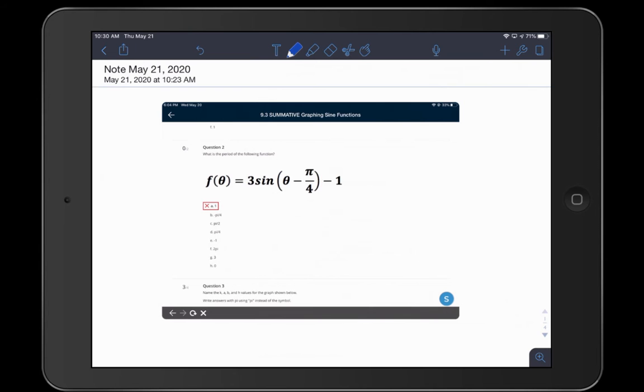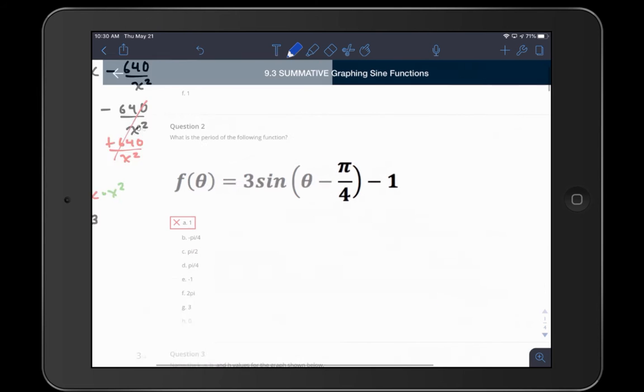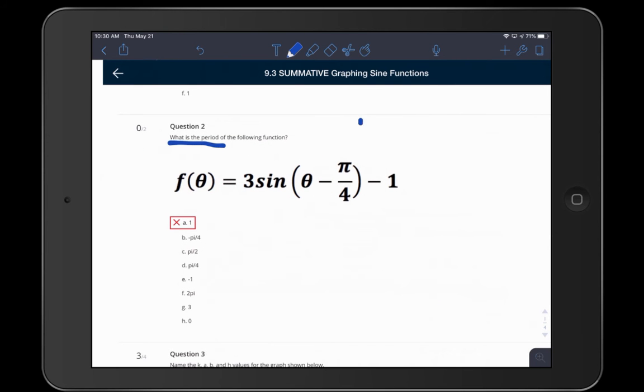I'm into it. So here we have question number 1 that I'm going to go over. The question says, if I remember correctly, the neutral value is always 1. And that's so true. The neutral value for the B, right? What is the period? Well, we automatically think of B as being the letter that controls the period of the sine function.